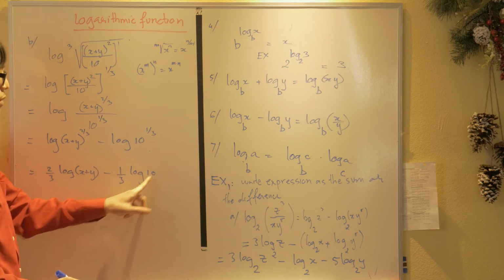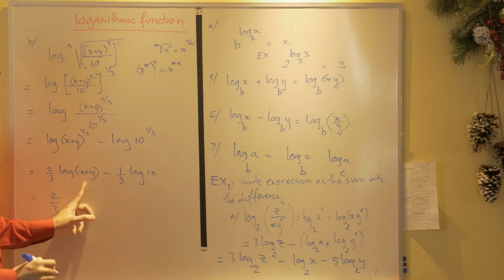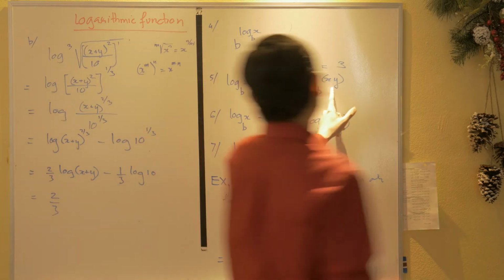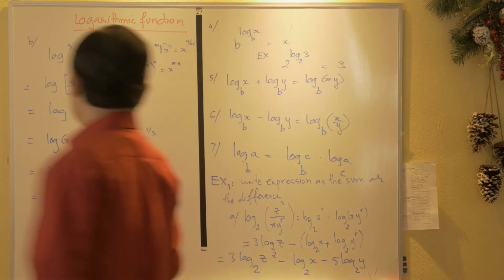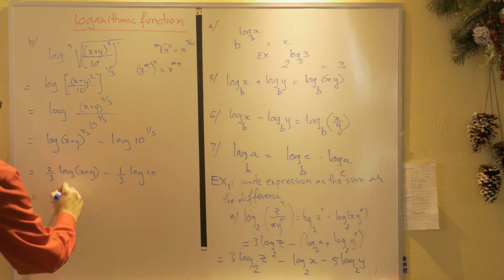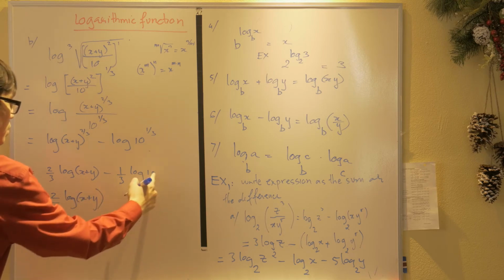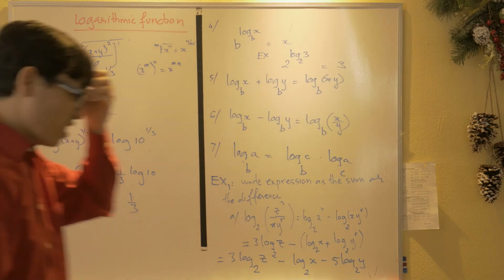So log base 10 of 10 is 1. So 2 over 3 log base 10 of x plus y. This one we cannot do anything because log of the sum, we don't have the formula. We have log of the product, we have log of the quotient, but we don't have log of the sum. So I just leave it there. Okay. And log base 10 of 10 is 1. So this is my final answer.